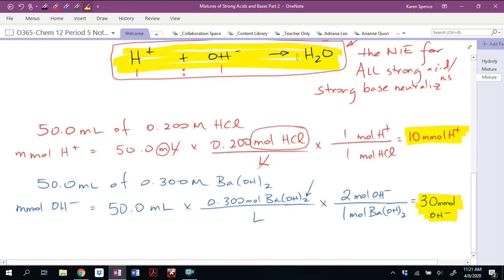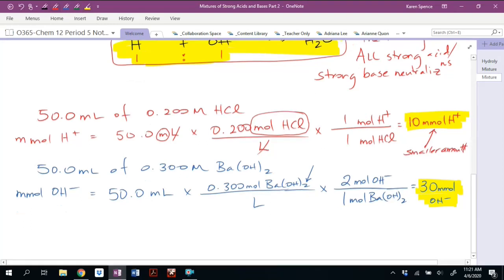for our strong acid and strong base, our ratio of hydrogen to hydroxide is going to be 1 to 1. And if that's the case, then all we have to look at is who is the smaller amount here? That's going to be our hydrogen. This is the smaller amount. So we're going to use up all 10 millimoles of hydrogen, and we'll only be able to use up 10 millimoles of hydroxide.